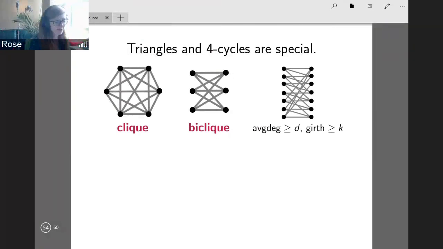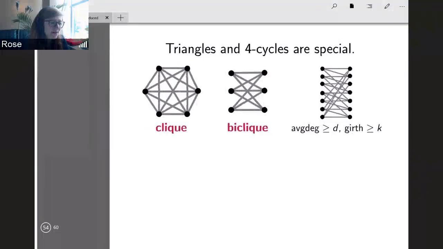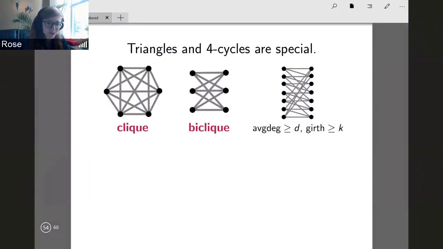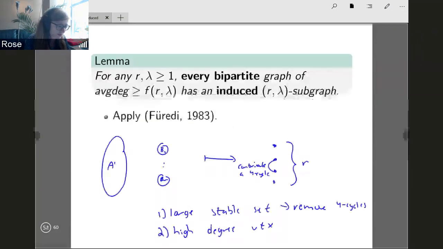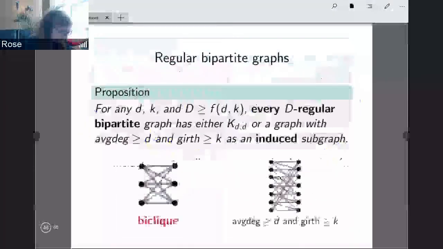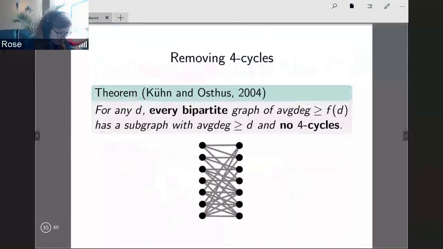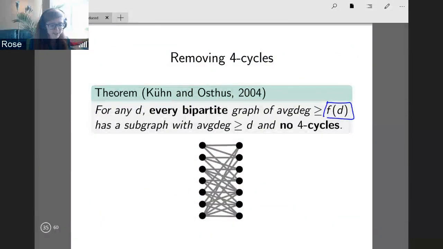I mean, there's been recent work by Kudakrov and Pokrovsky and some other people on trying to really improve this function. Let me see if I can go back to the page where it would have the function. So this 4-cycle function from the Kühn and Osthus results. If you want to say anything about the dense setting, whenever it's not really quadratically dense, then you really need to improve this to be a polynomial or something like that.